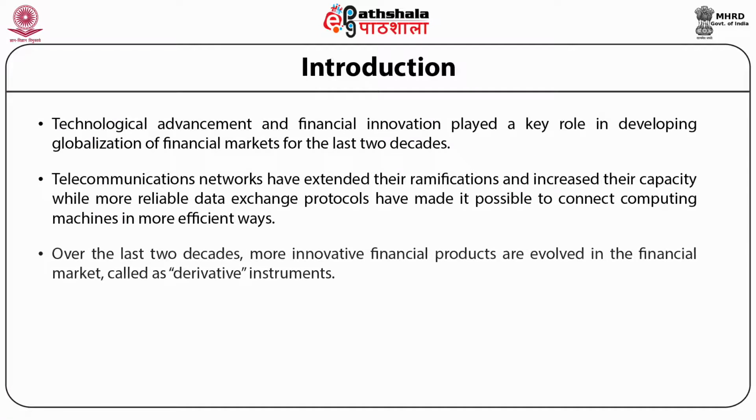Moreover, over the last 2 decades, more innovative financial products have evolved in the financial market, called derivative instruments. These products make it possible for borrowers and lenders to customize their risk exposures as well as adjust them over time.